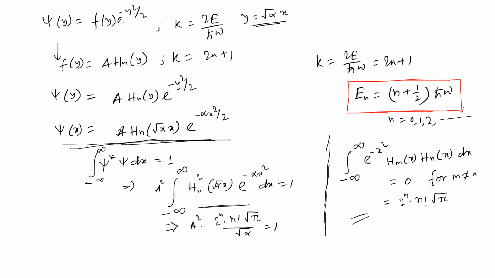If you have any problem, please contact us. So finally a equals alpha by pi whole to the power 1 by 4 times 1 by square root of 2 to the power n into n factorial.